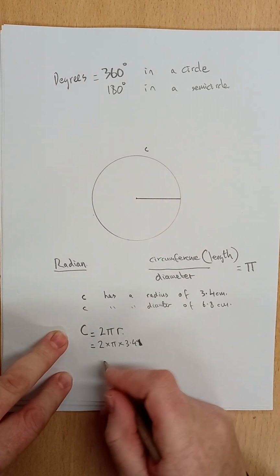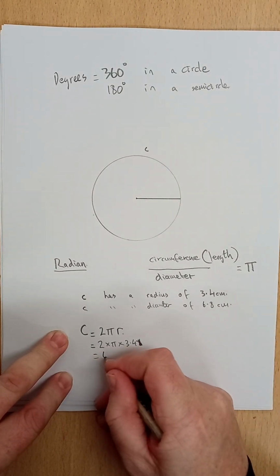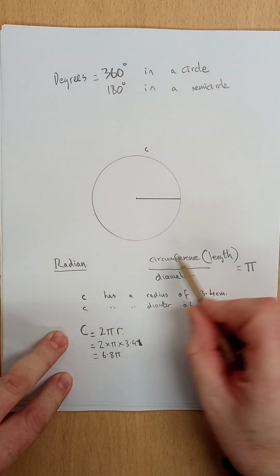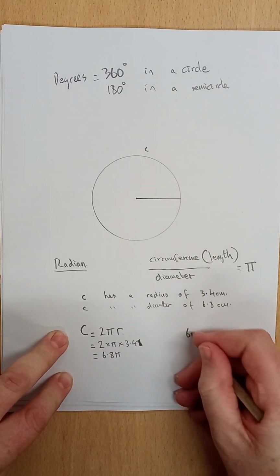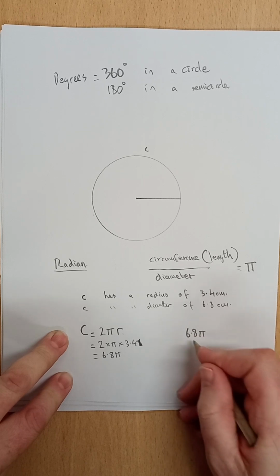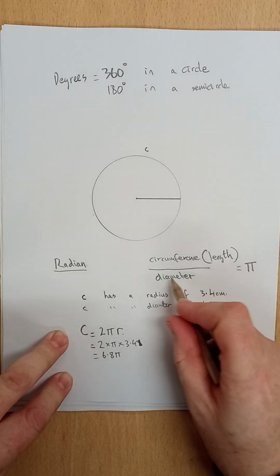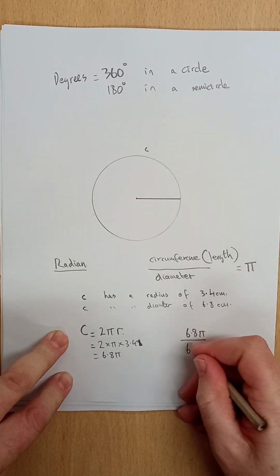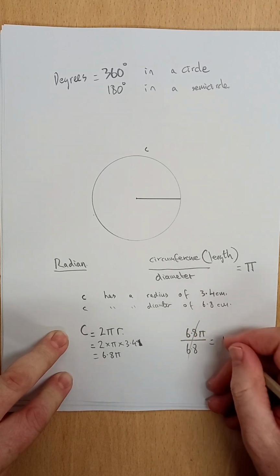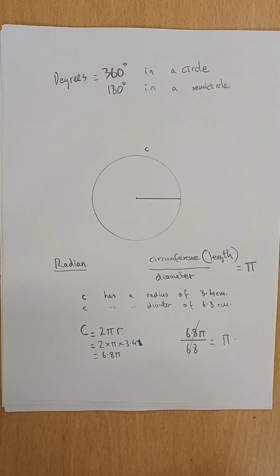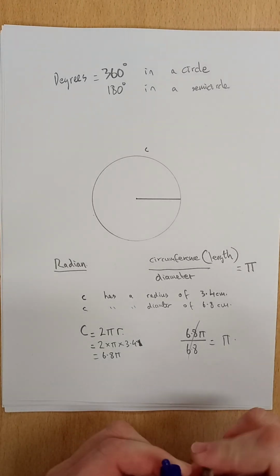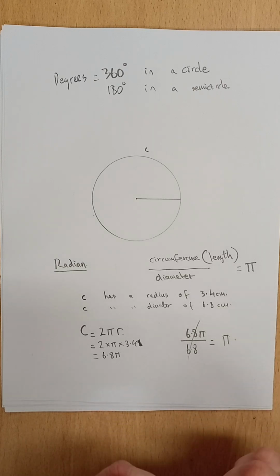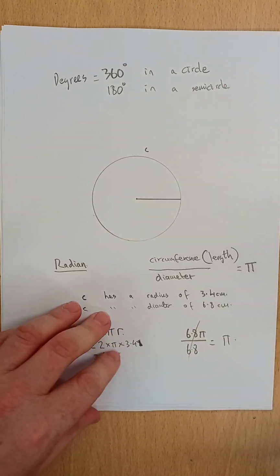So that's 6.8 pi. Now, circumference divided by diameter should be pi. So 6.8 times pi, the circumference, divided by the diameter, which is 6.8, is indeed pi. So there's your proof straight away that that is true. That's how you get pi. Let's have a look at radians.